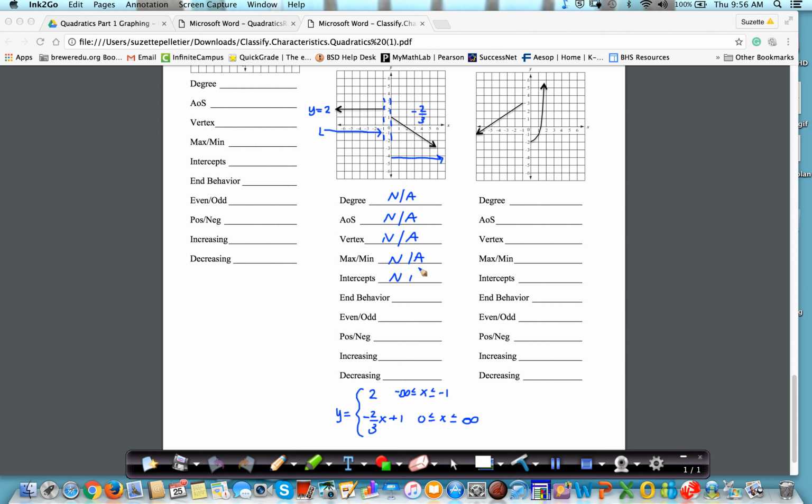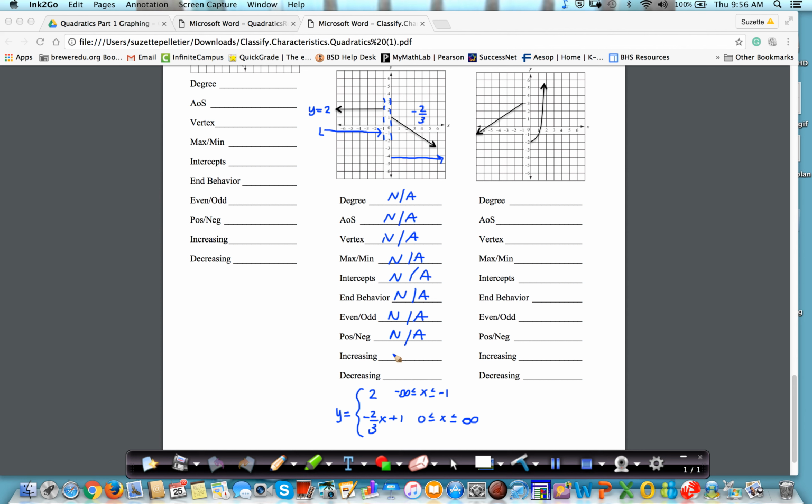So we're going to say, nope, it's been broken. End behavior, again, since it's a broken piecewise function, we don't necessarily talk about that. One side is constant, so no degree, and one side is linear, so degree of 1. So again, because it's two different things, we don't really do a whole lot with it.